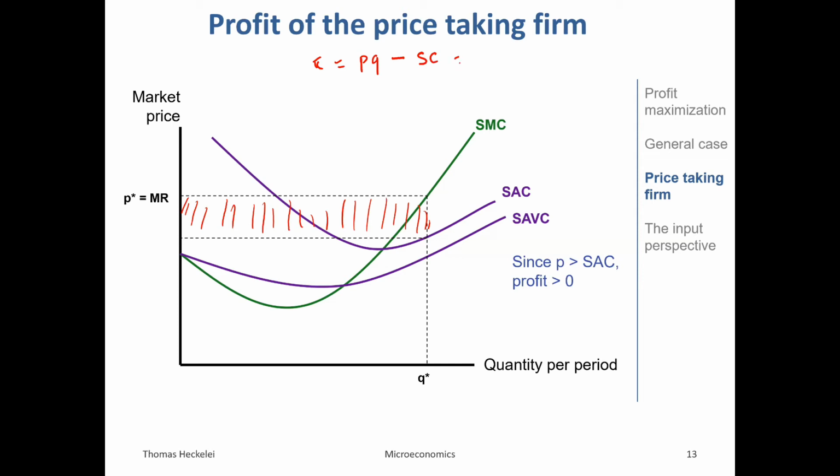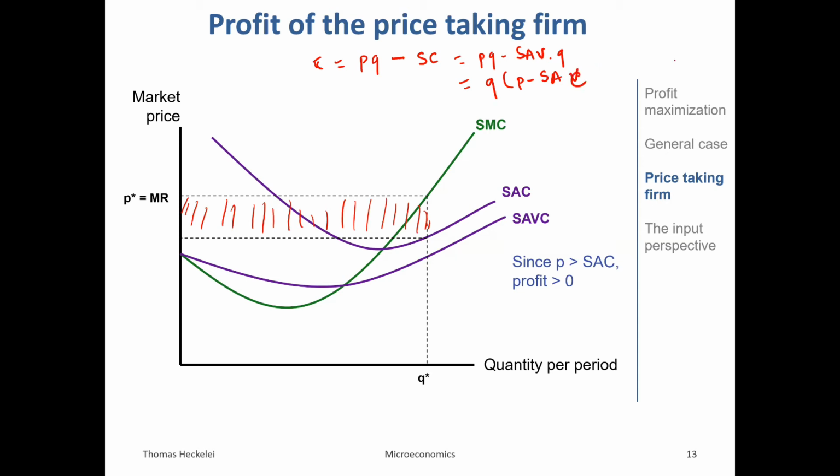And short-run cost can also be written as the short-run average cost times Q, by the definition of average cost. So let's factor out Q.